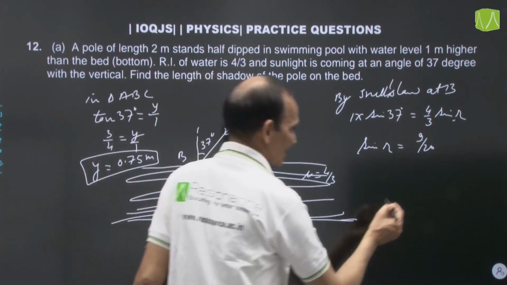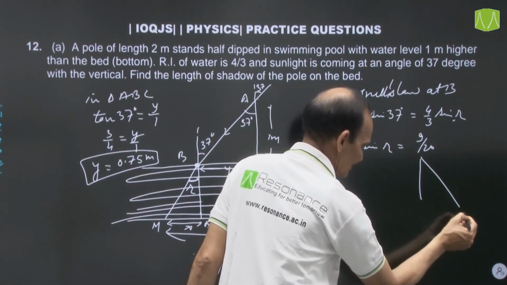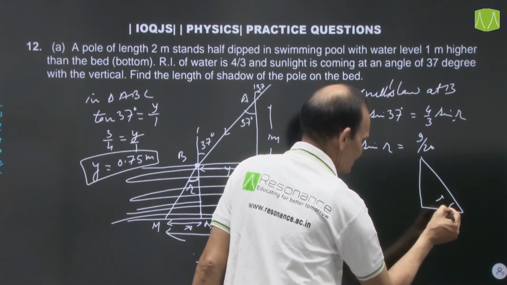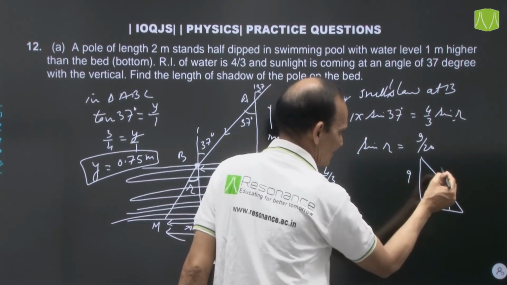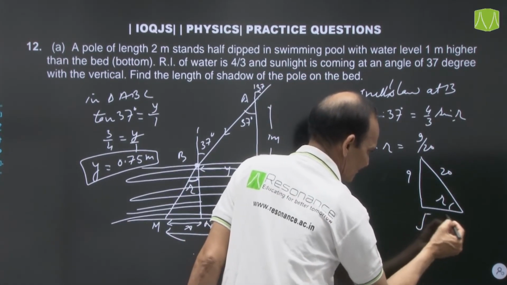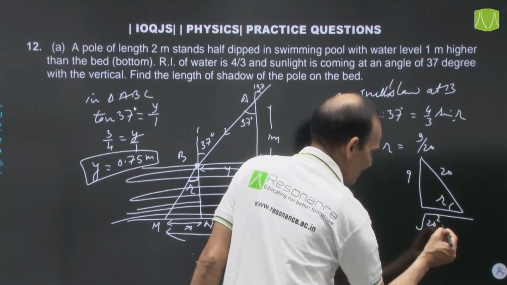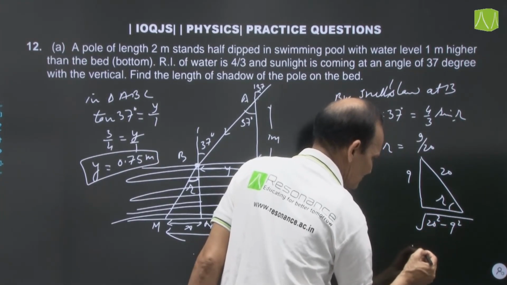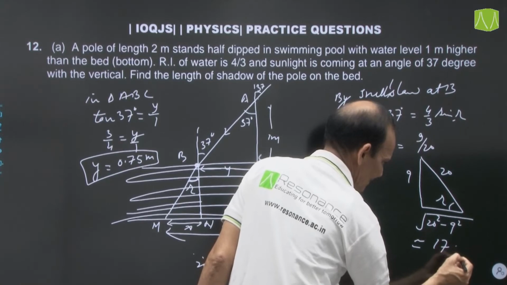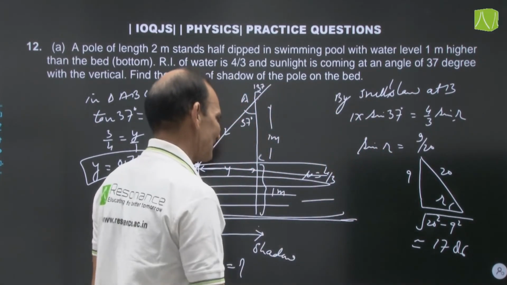We have to find the tan of r. Sin of r is 9 by 20. Then how will we find this? 20 squared minus 9 squared, approximately 319, so the square root is about 17.86. You can find the tan r.